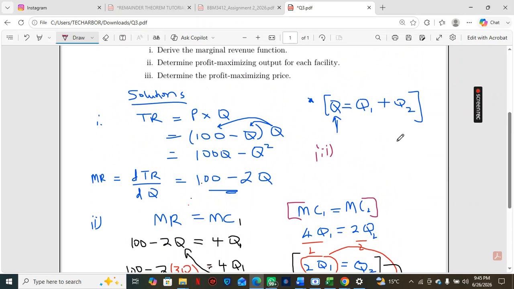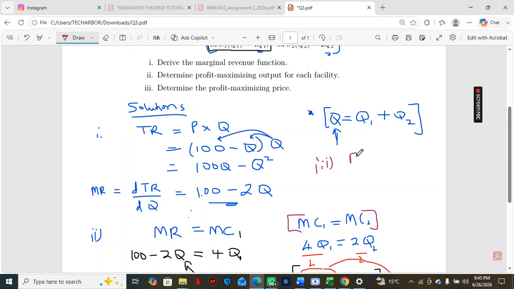So the profit maximizing price, since we already have the profit maximizing quantity, we just come back to the original formula. P equals 100 minus Q. So the profit maximizing price is just going to be 100 minus 30. Remember, Q equals 30.